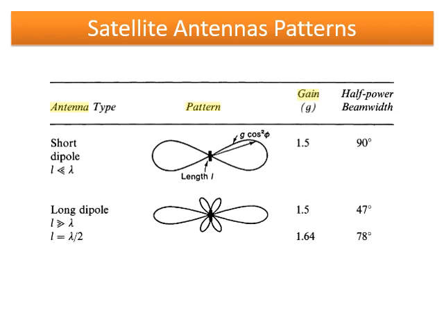Keep in mind, we always want a major lobe because we want the antenna to be directional rather than omnidirectional, because omnidirectional antennas will add interference that we will address later. So for long dipole we have gain of 1.5 with 47 degrees as half power beam width, and another long dipole, 1.64 with 78 degrees.